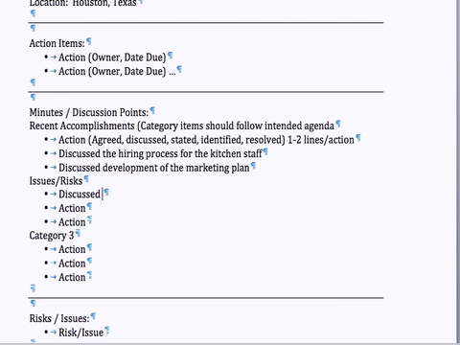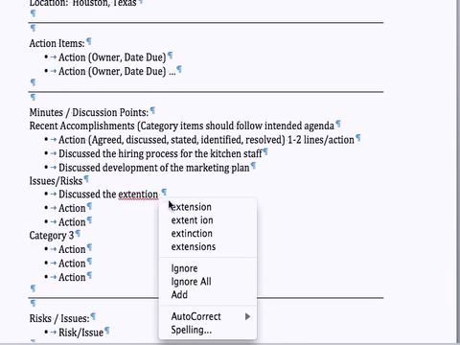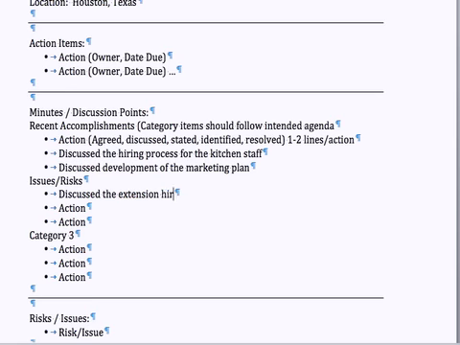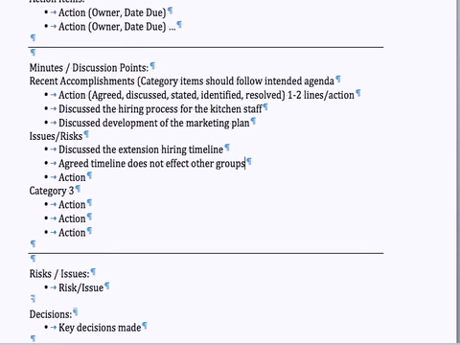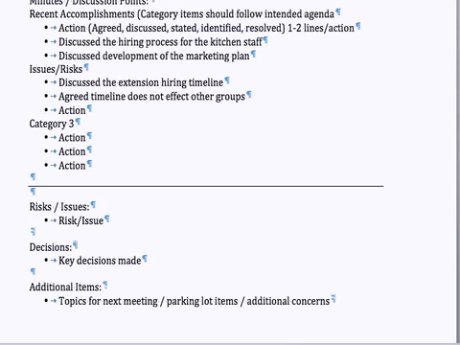So let's say during the meeting, this is the time that you would discuss the extension of the hiring timeline, and let's say everyone agreed the timeline does not affect other groups. And if all the team leads are there, you can do that during that meeting.